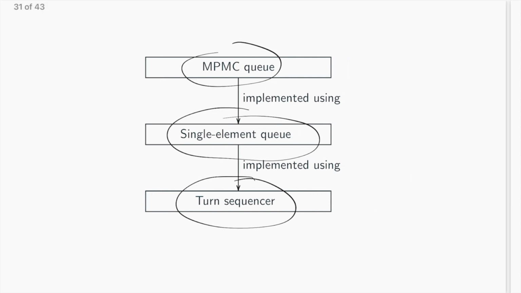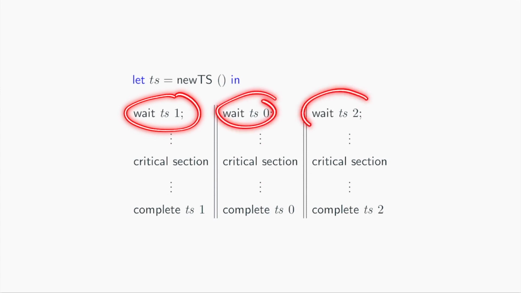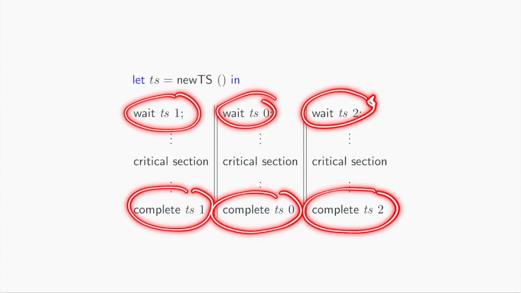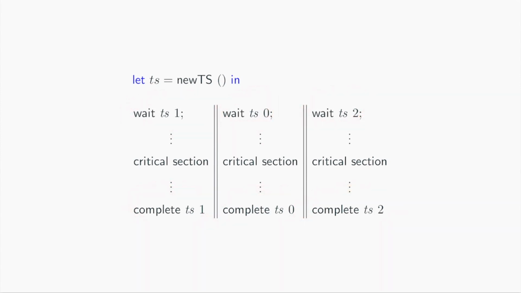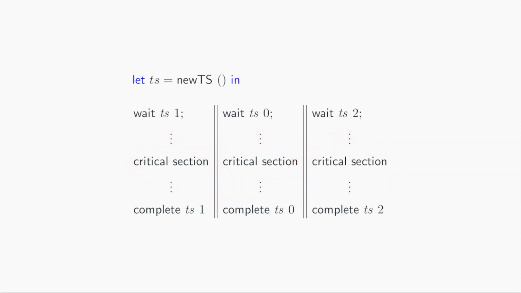To see how it works, consider this example with 3 threads that use a turn sequencer. The 3 threads call wait, which is similar to acquire on a lock, and then in the end they call complete, which is similar to release on a lock. Similar to a lock, the turn sequencer here ensures mutual exclusion, that these 3 critical sections won't execute at the same time.